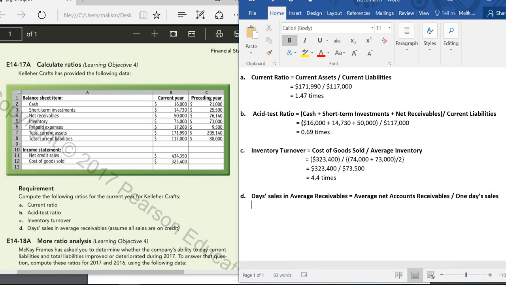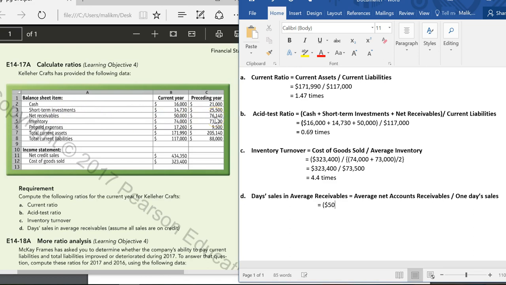So now let's try to plug in the numbers. Okay, it's a little bit of a long formula, but we'll try to plug in the numbers here. Your top part is the average account receivables. To get the average, you need to take these 2 years, current year plus preceding year, and then divide by 2. If you check the receivables, it's 50,000 plus 76,140.